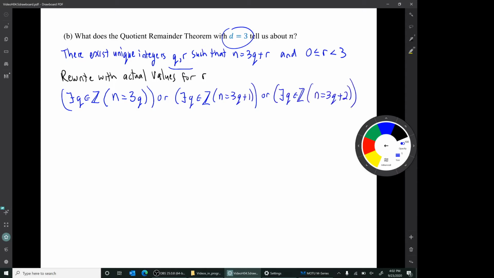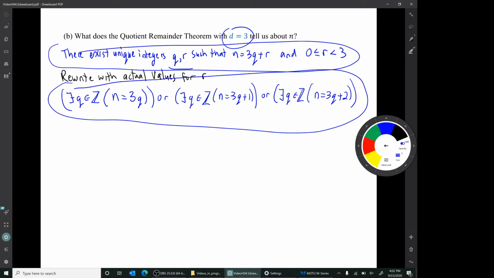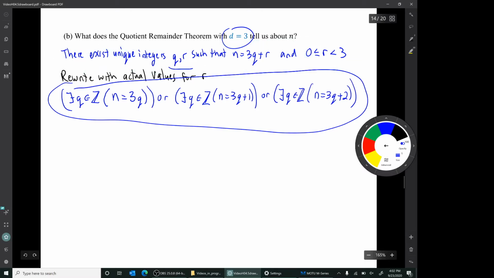So there we go. That big blue OR statement is the rewriting of the quotient remainder theorem in the special case where we use d equals 3. So instead of having to use this letter r and describing it by giving the restrictions in the form of this inequality, instead of having to use that abstract letter r, I just listed the exact 3 possibilities.